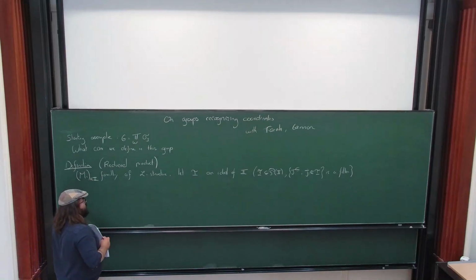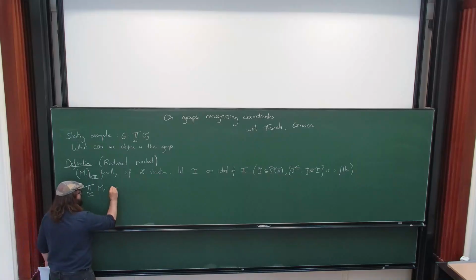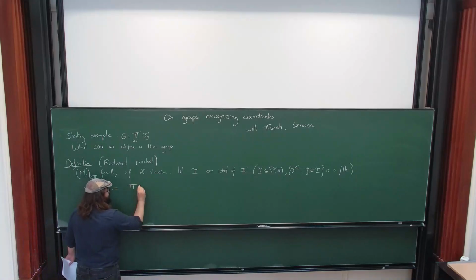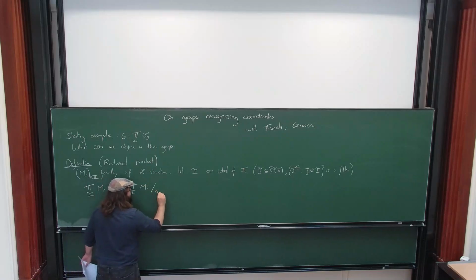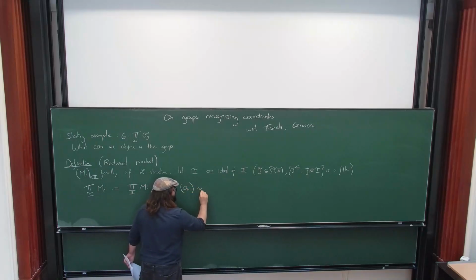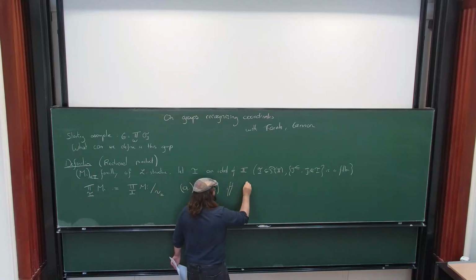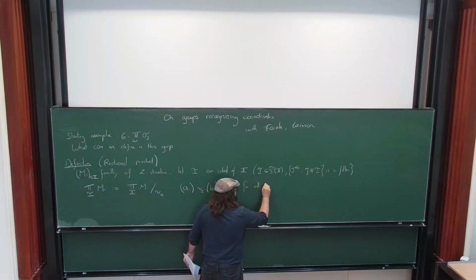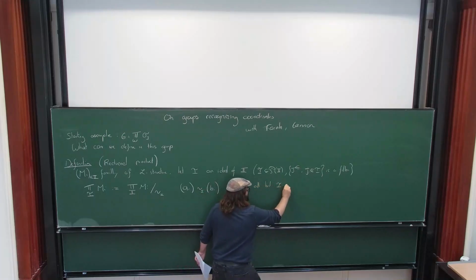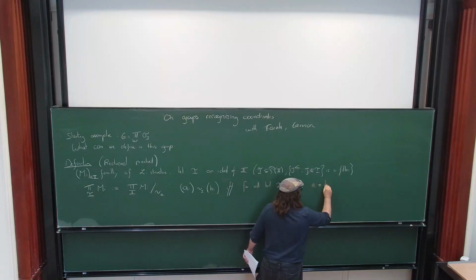I will denote the reduced product of the M_i this way, and it's the product quotiented by an equivalence relation, namely the following. (a_i) is equivalent, according to 𝓘, to (b_i) if for all but 𝓘-many i's, a_i is equal to b_i.